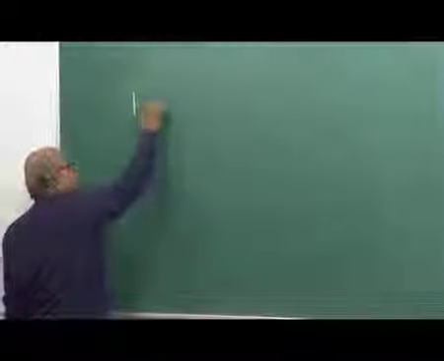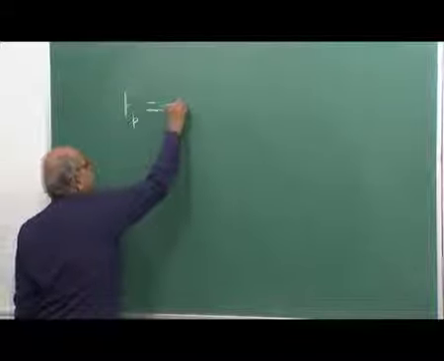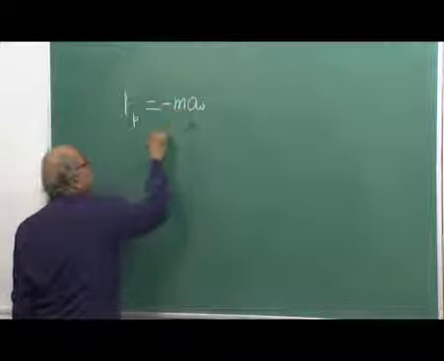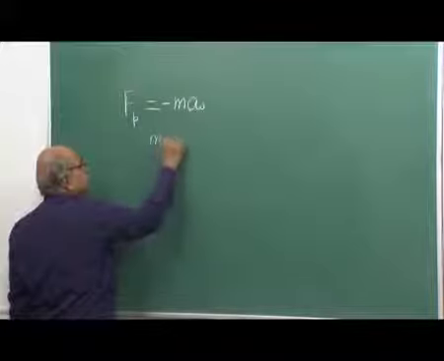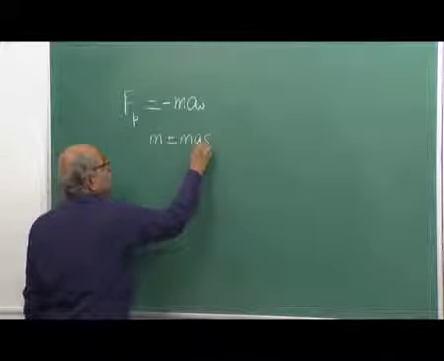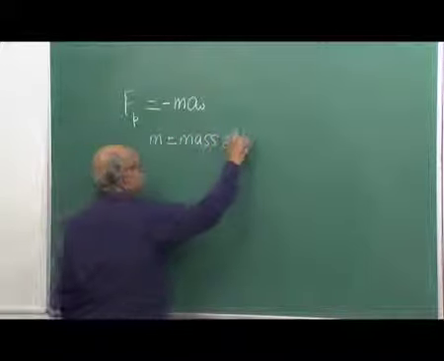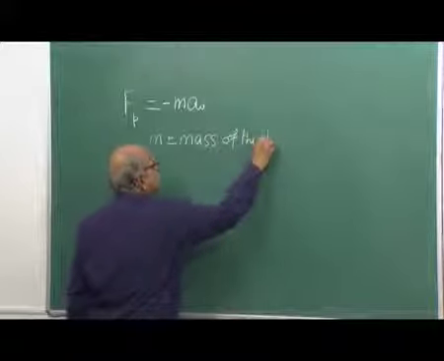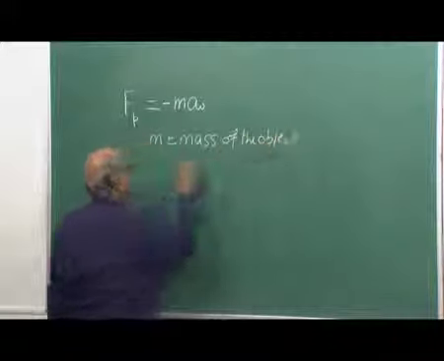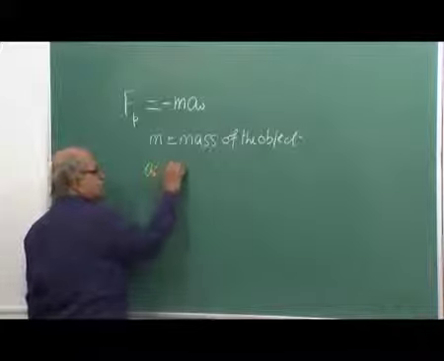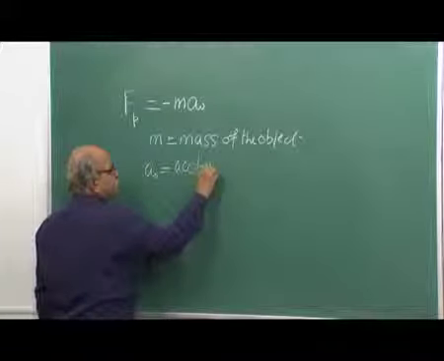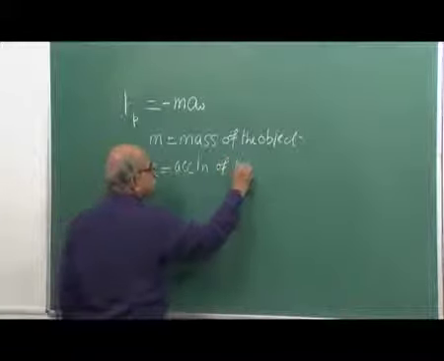That pseudo force is just minus m times a naught, where m is the mass of the object under study and a naught is the acceleration of the frame.